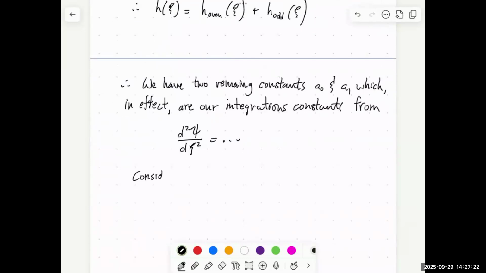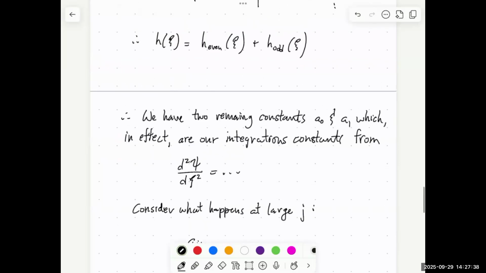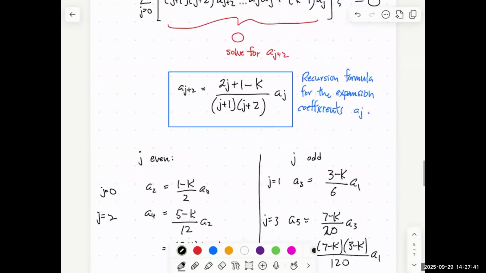So let's consider what happens at large J. Actually, this first step doesn't require us to think about even or odd. We're just going to go to this recursion relation. And I'm going to say, well, what if J was really huge? So 2J is going to be a big number. I don't care about the plus 1. And I can always pick J large enough that the minus K I can ignore as well.